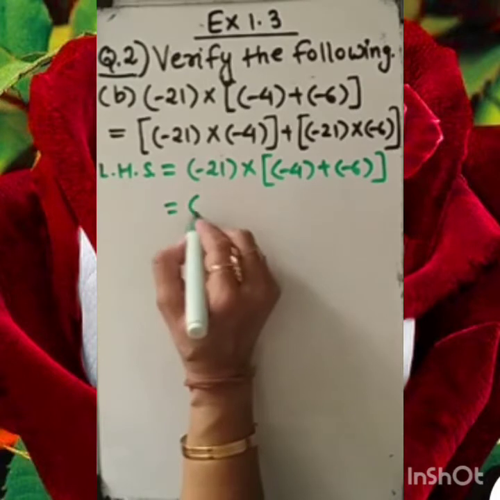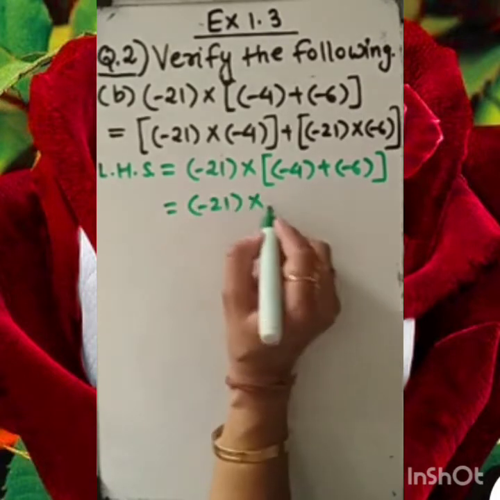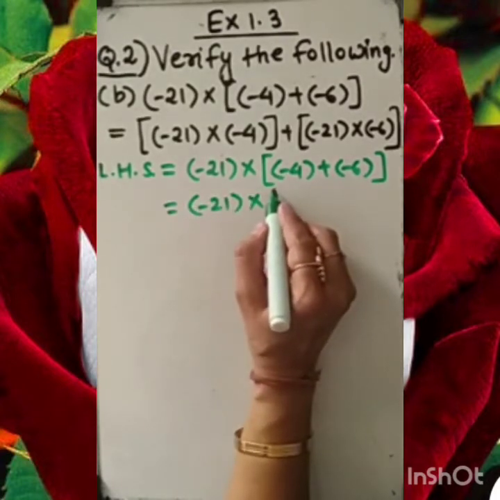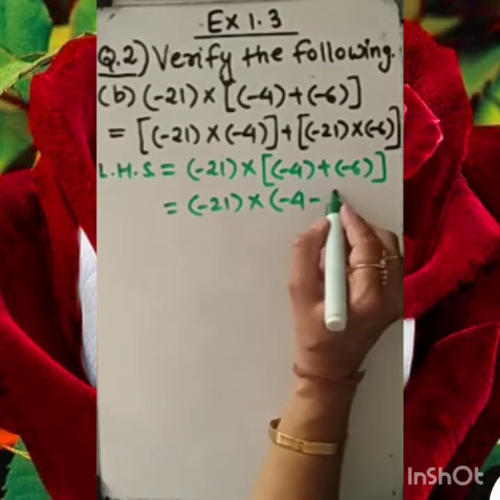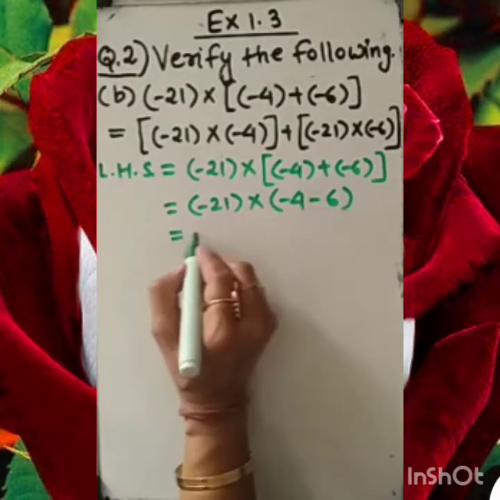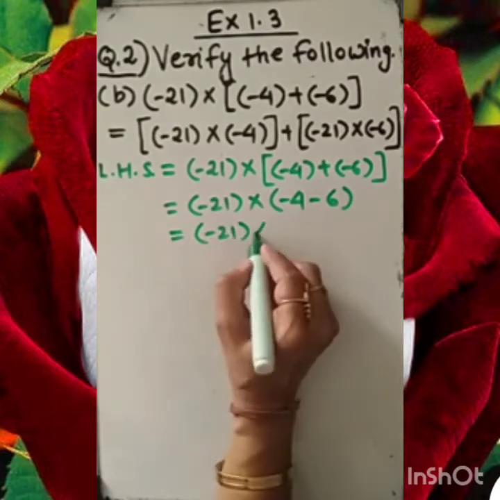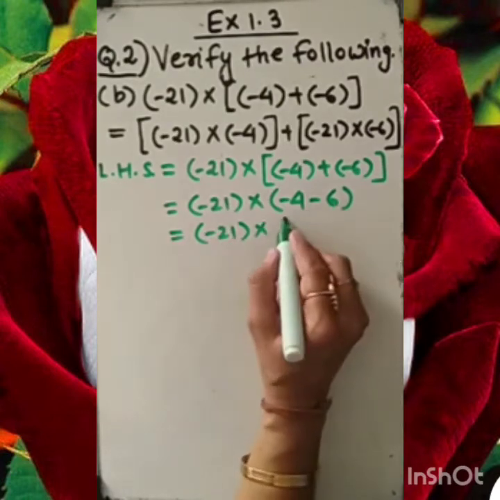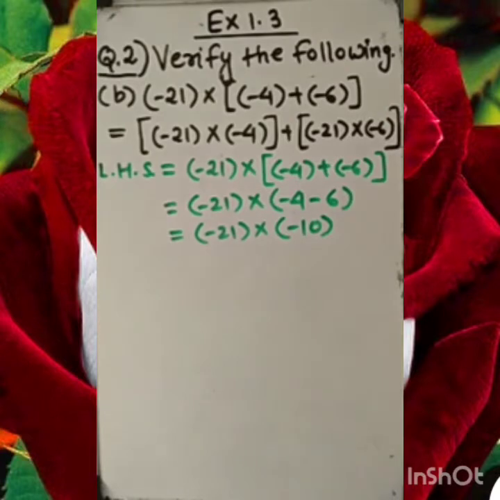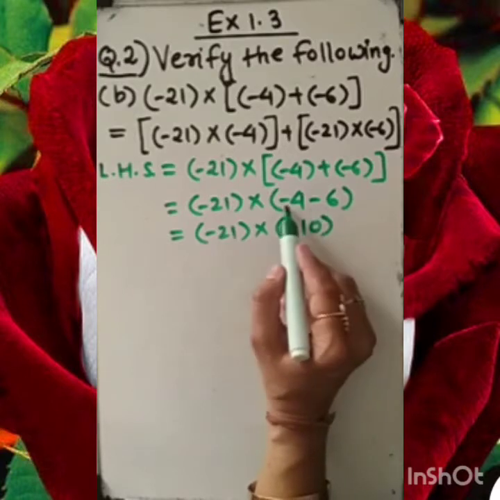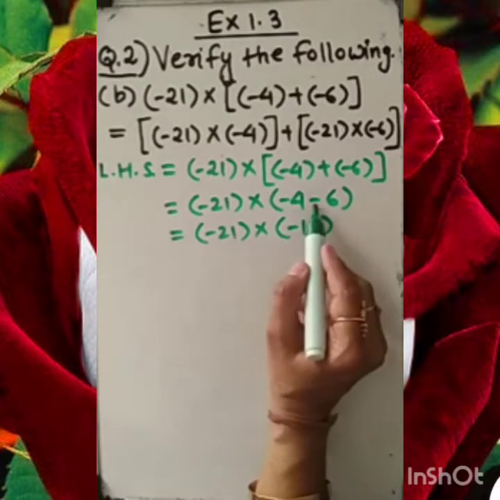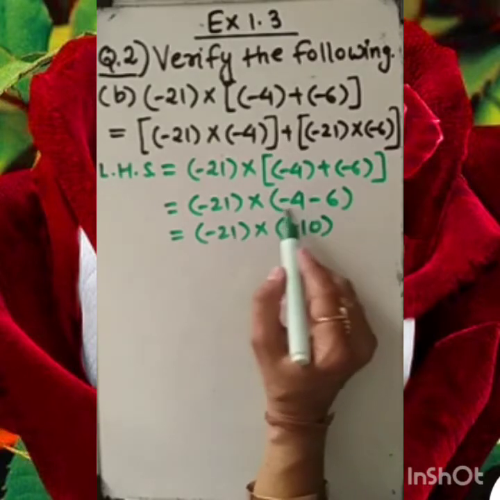Okay, let's work out upon that. We know that here minus 4 plus minus 6, right? So what do we have here? Minus 4 minus 6 is minus 10. Same sign, addition. Please remember, dear student, same sign means both of these numbers are negative, right?